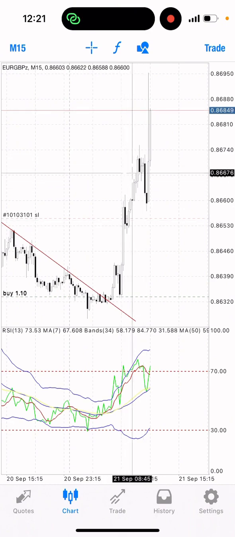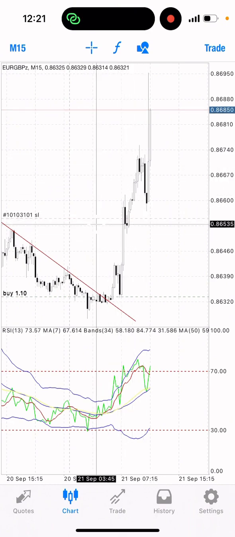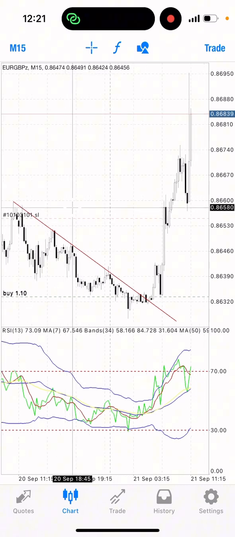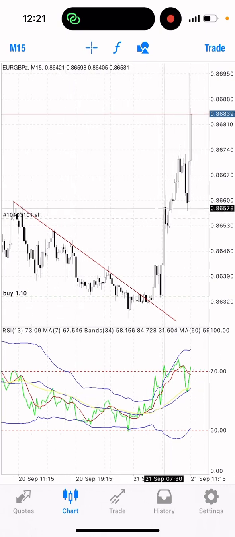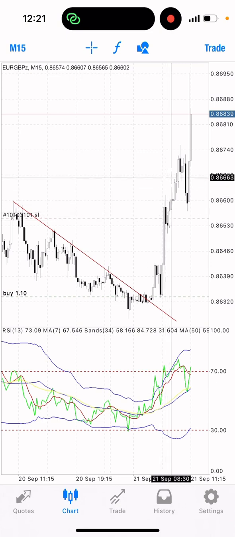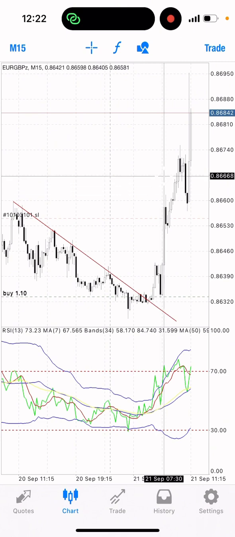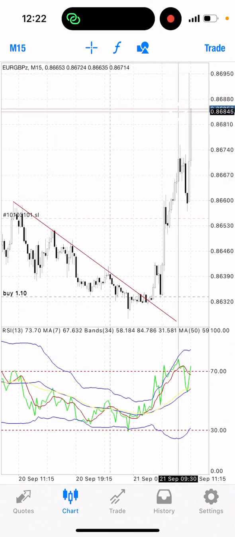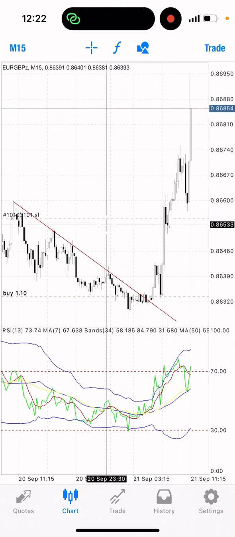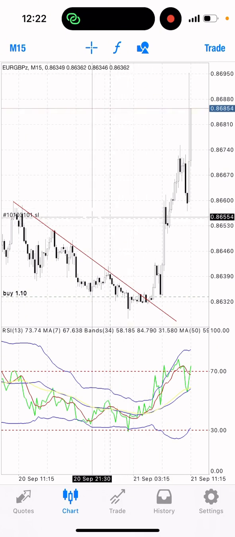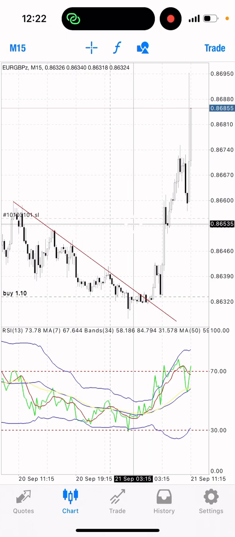The market started going up, so I closed some of my position at this resistance level here, and then I set my break even. After setting my break even, the market kept going up, and currently my break even is at this previous resistance now.